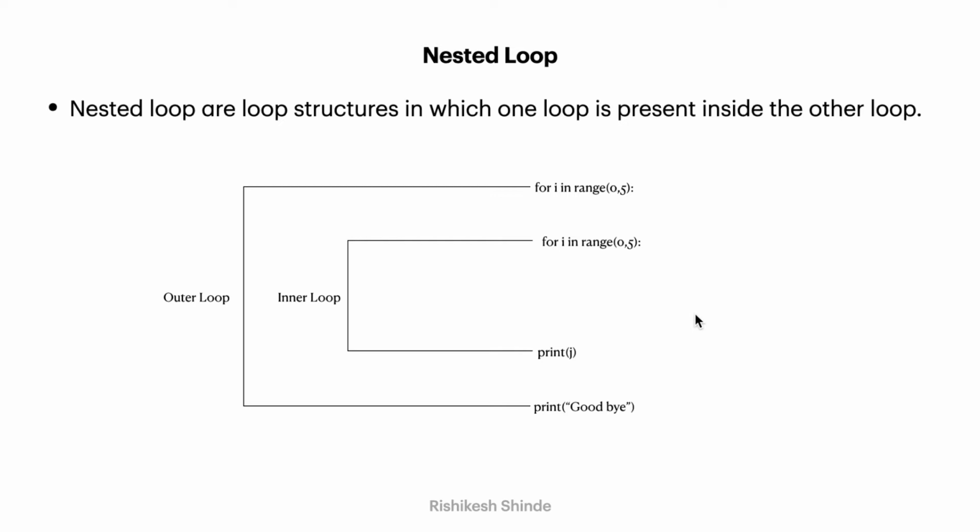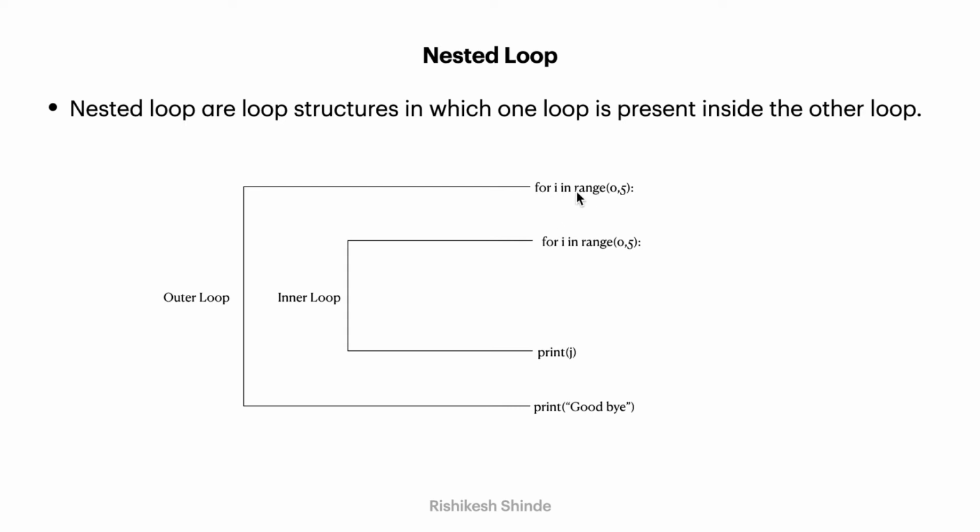So what happens? First control goes to this outer for loop and for i equal to 0 it goes to this inner for loop. Then this inner for loop will complete its iteration, and after completing it the control again goes back to the outer for loop.